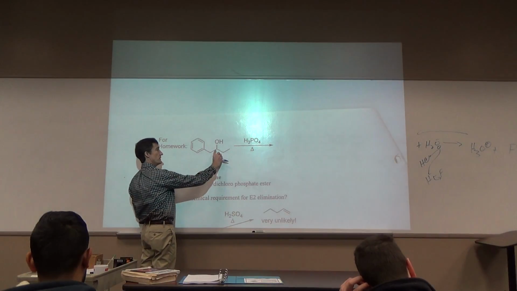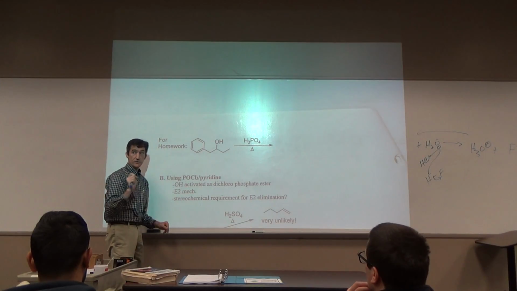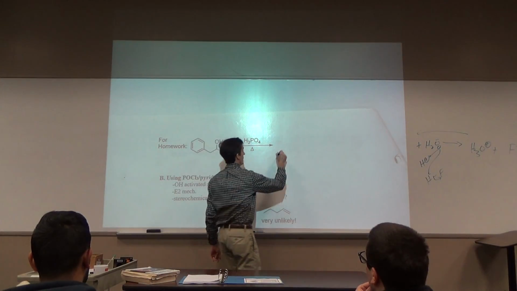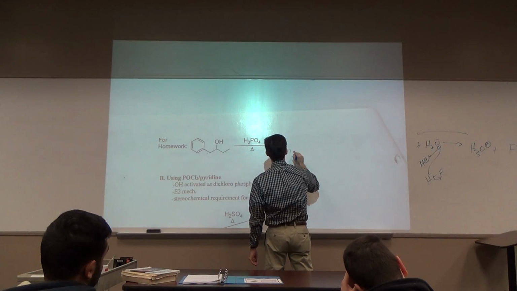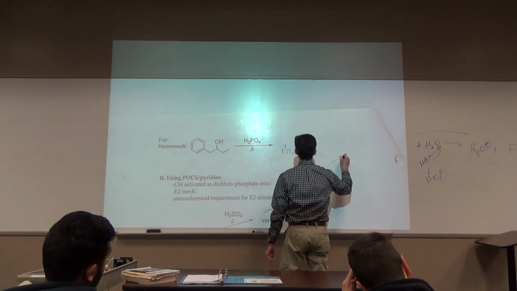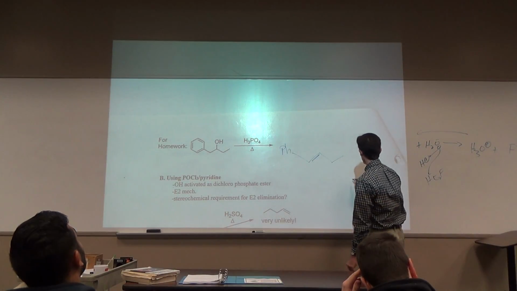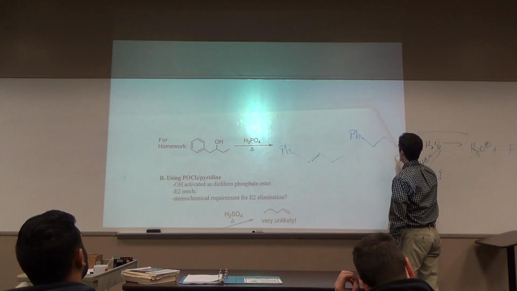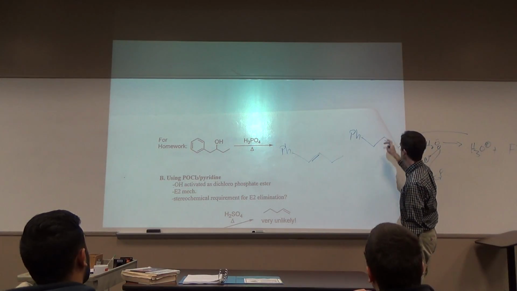Are we going to make the alkene over here or over here? Left. They both would be disubstituted. Is there any difference between the two? Yes. We can draw them both here. We have that alkene. I'm not going to draw in the phenyl, but that's very important. Or we could have that alkene. OH used to be here.